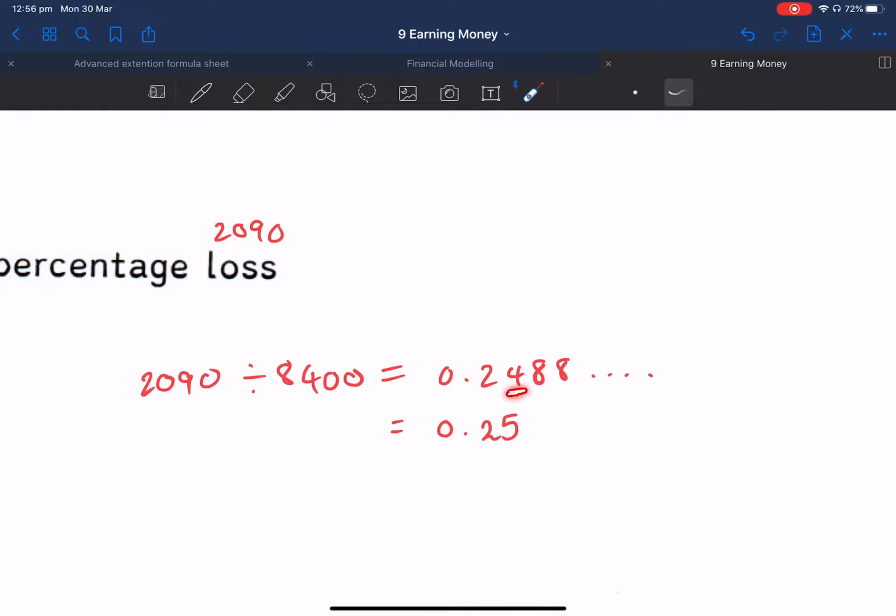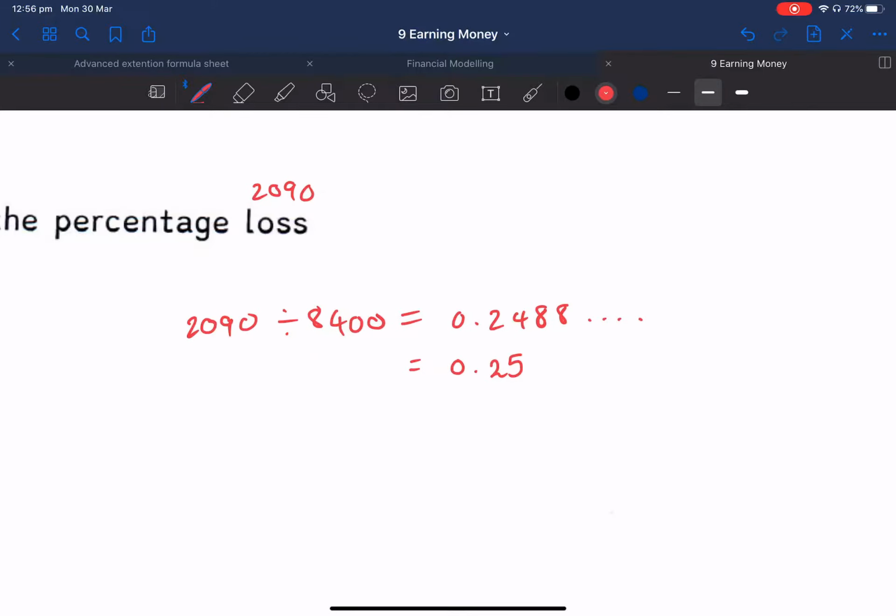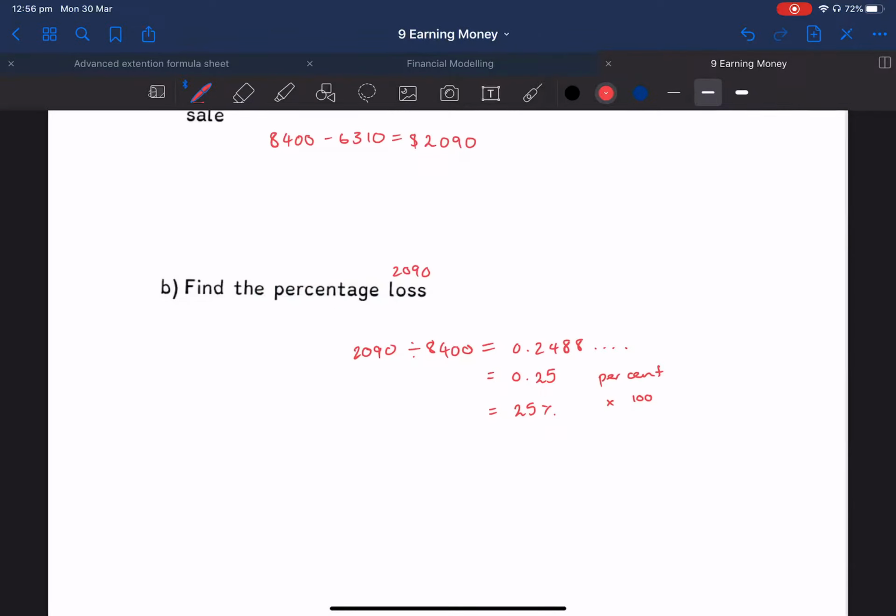Again, we're looking at that second spot. 48 is closer to 50 than it is 40, so we turn that 4 into a 5. Now again, 0.25 doesn't mean anything yet because I need to make it a percentage, per meaning times, cent meaning 100. I'm going to get an answer of 25%. And that's my percentage lost, okay, compared to what she paid for it and what she sold it for.